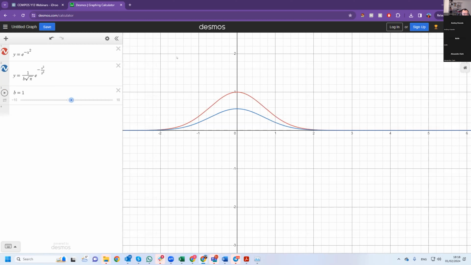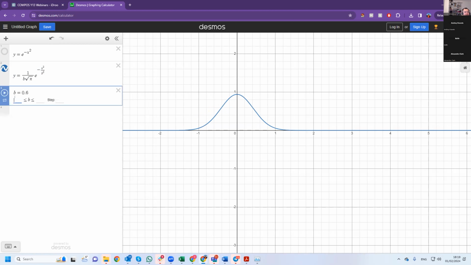And if you change b, with a slider from 0 to 3 with a step of 0.01, if b increases, it becomes wider and wider and wider.